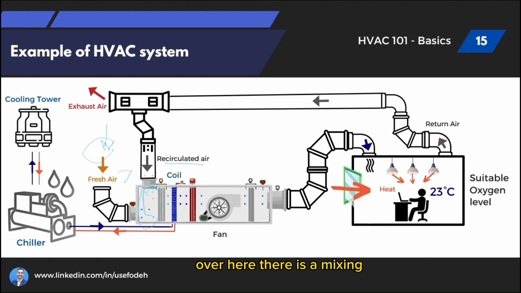Over here there is a mixing box with different types of filters available, because fresh air sometimes has some dust from the external side, so we need to filter it out, through the cooling coil, which is again connected to the chiller, sometimes we have heaters also, into the supply fan and the room. So the temperature we achieved is 23, the oxygen level is suitable, and everybody is happy.